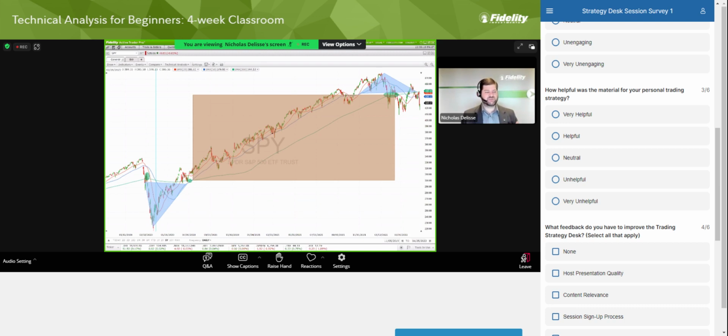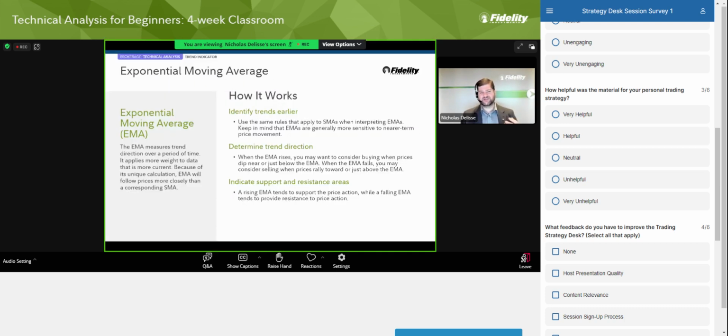Exponential moving averages seek to offset that by more heavily weighting more recent data. As such, they tend to react a little bit quicker to more recent data, with the trade-off that you'll get some signals a little bit sooner, but you might potentially have more whipsaws.